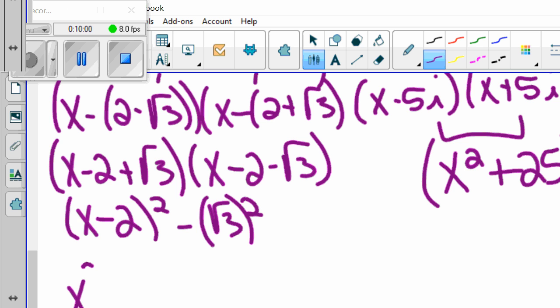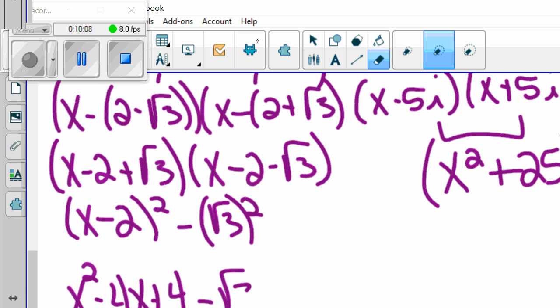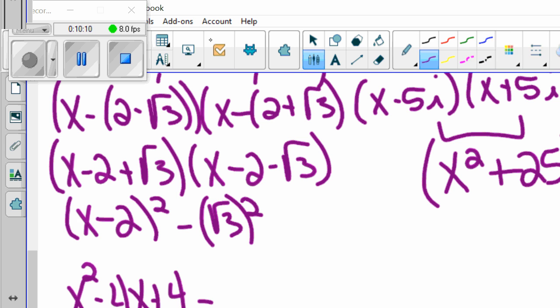So here I get x squared minus 4x plus 4 minus, let me erase that. The square root of 3 squared is 3. So I get x squared minus 4x plus 1. All of that times x squared plus 25.